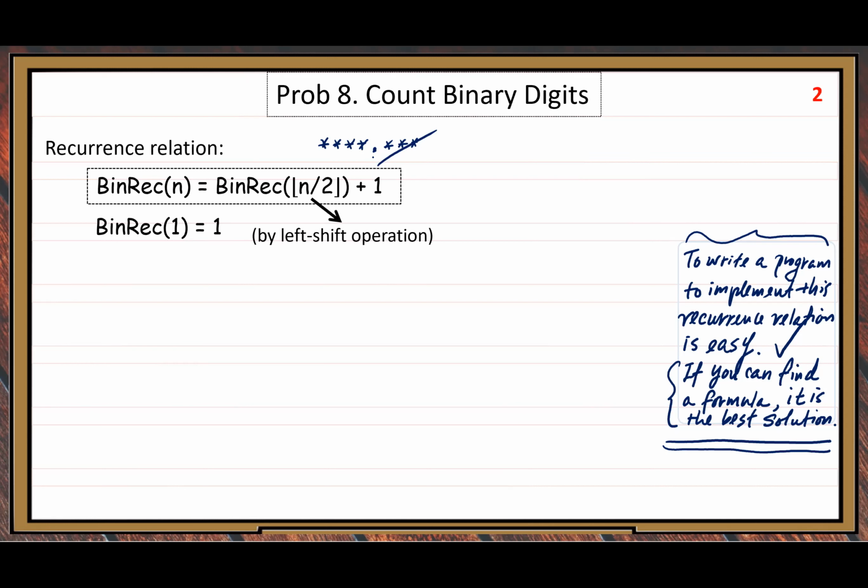Division by 2, we just move this binary point one position to the left, and after we move, we drop the bit after the binary point.